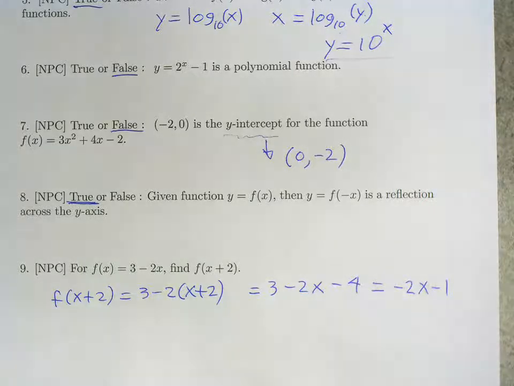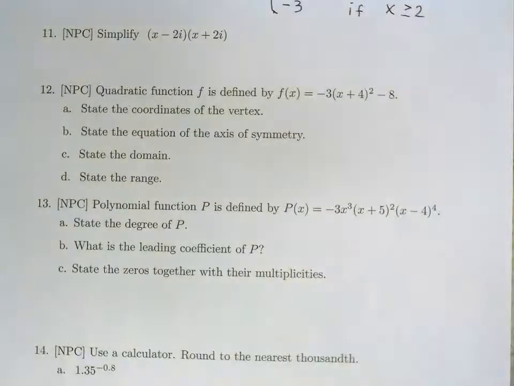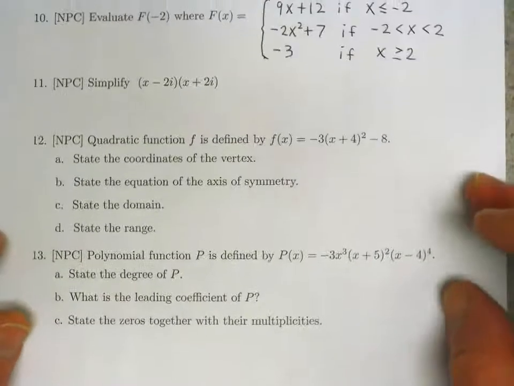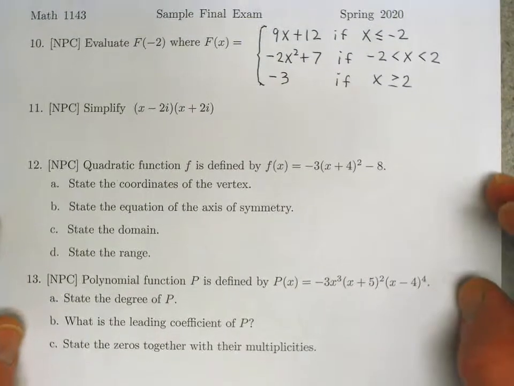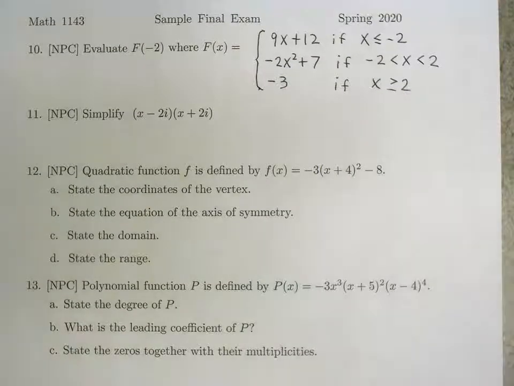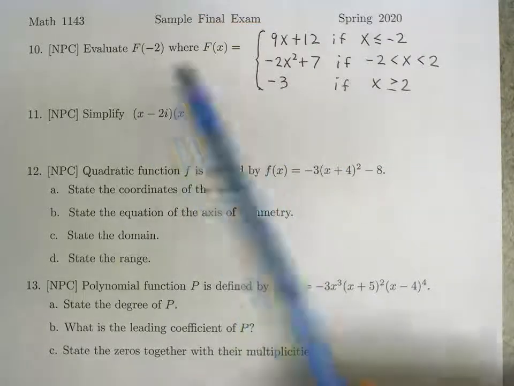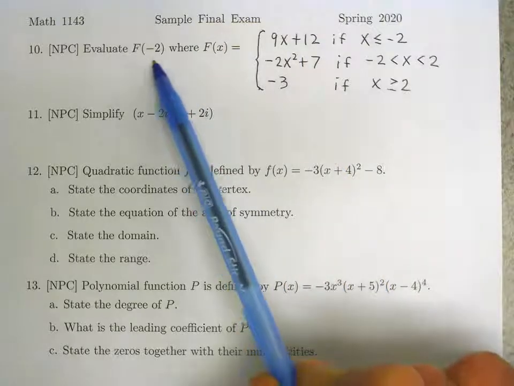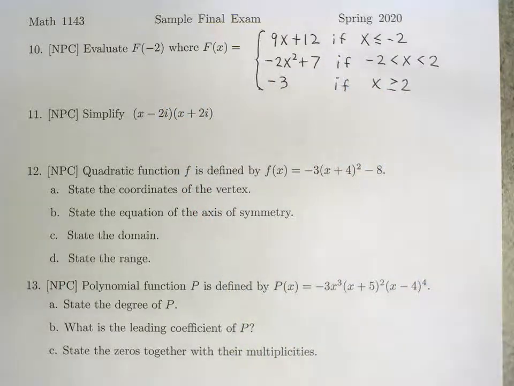Okay, the next page, number 10. Evaluate capital F of negative 2, where capital F of x is the piecewise defined function. We're going to evaluate f of negative 2 depending upon which piece the domain value negative 2 is in.